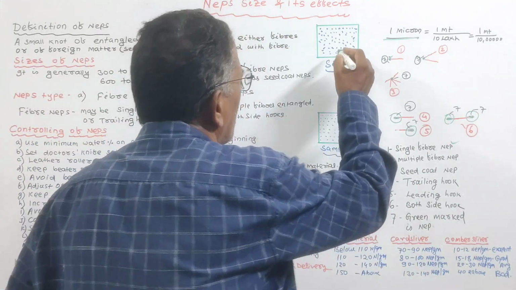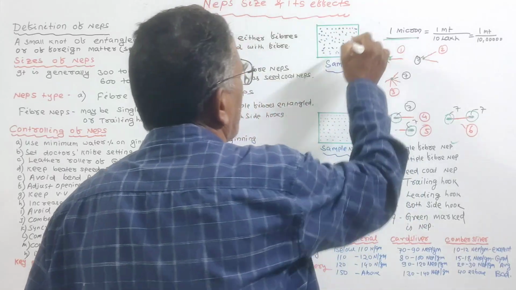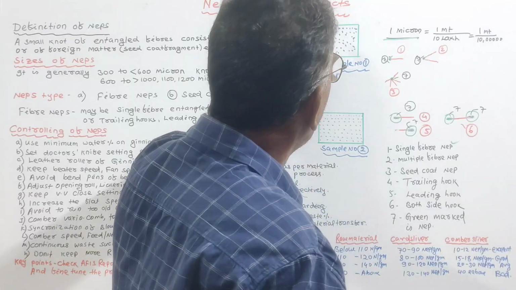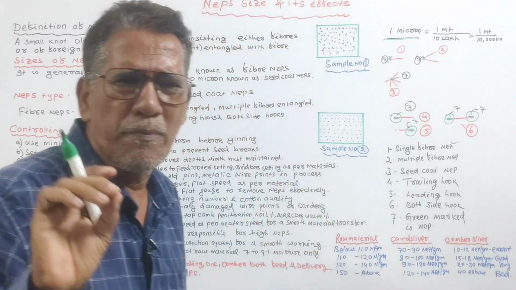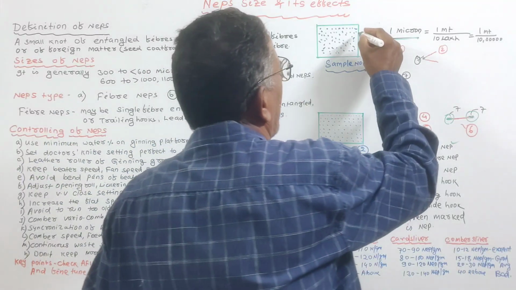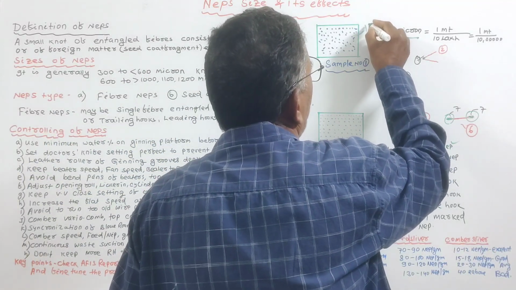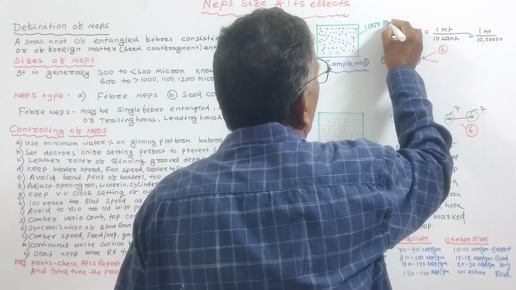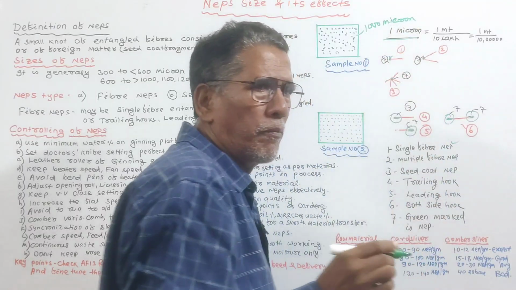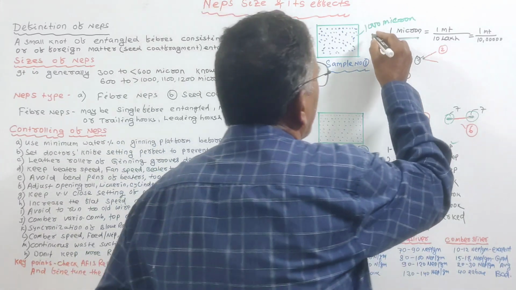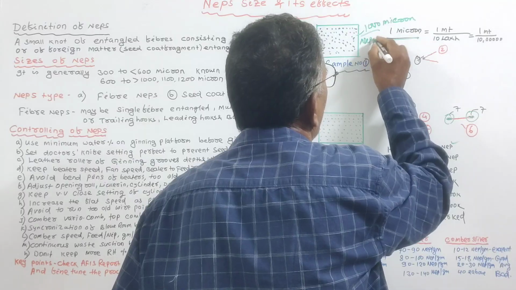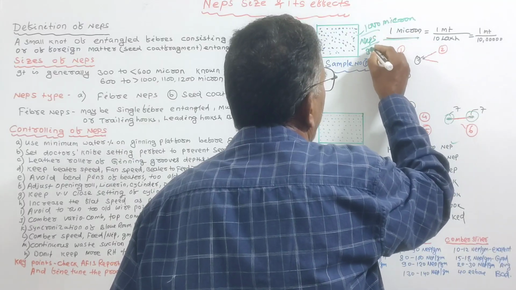Here is a fabric sample, suppose 10 inch by 10 inch, and here the nep size is very big, suppose 1000 micron, and the total neps suppose 300.